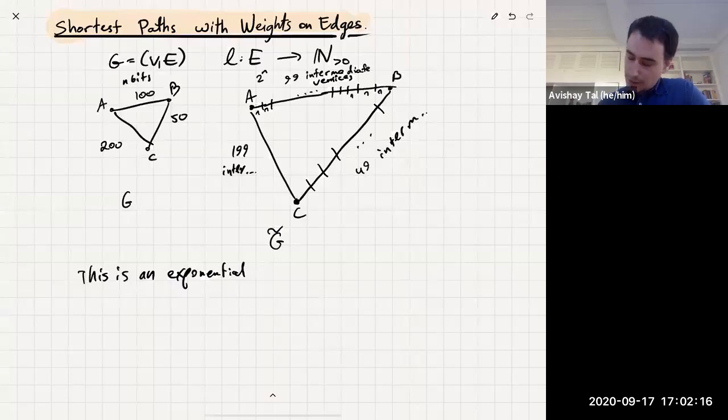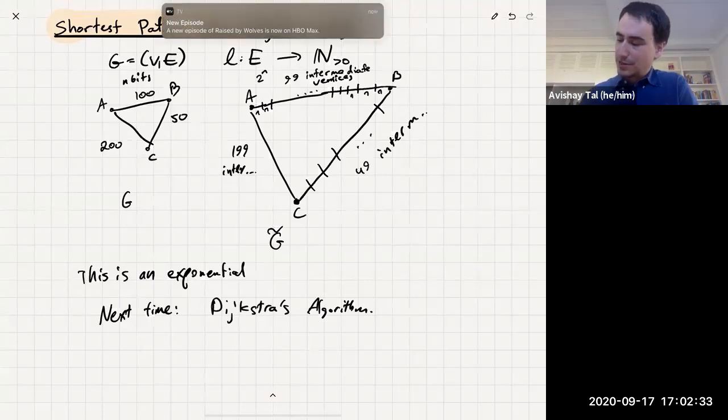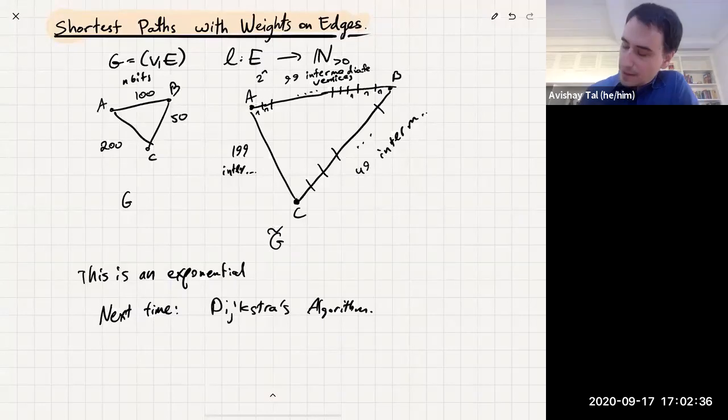Next time we're going to see Dijkstra's algorithm. One way to think about it is that you look at this reduction and you notice that this reduction is not very efficient in some sense. Where we run BFS from A, it's very predictable. We know that for 100 steps, nothing would happen. We would not reach anything before we reach B. So Dijkstra's algorithm can be seen as a way to run this very slow algorithm much, much faster.